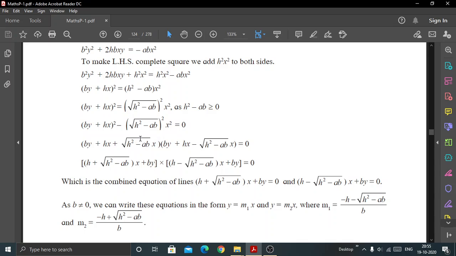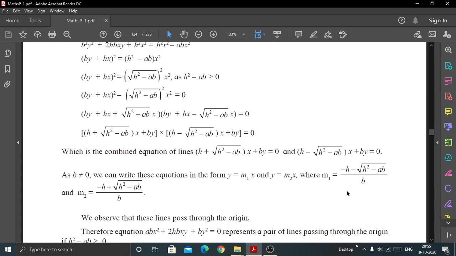This is of the form a² − b² = 0. We can write the equation as (a + b)(a − b). Thus now the equation becomes like this. This represents the combined equation. Now we can write the separate equations like this: (h + √(h² − ab))x + by = 0 and (h − √(h² − ab))x + by = 0.